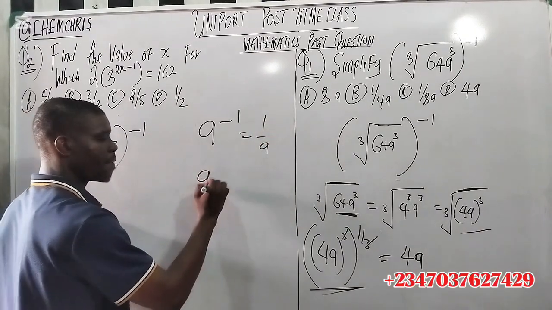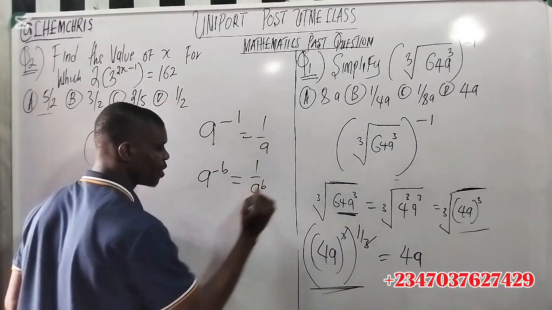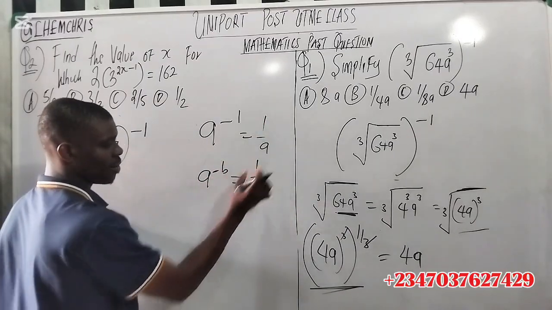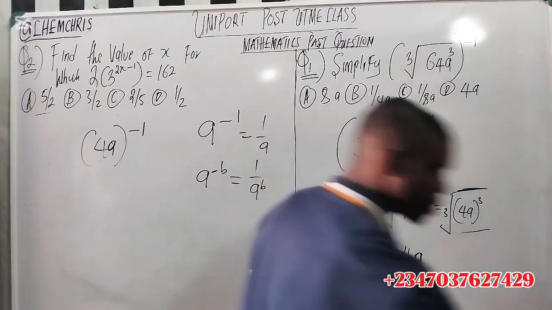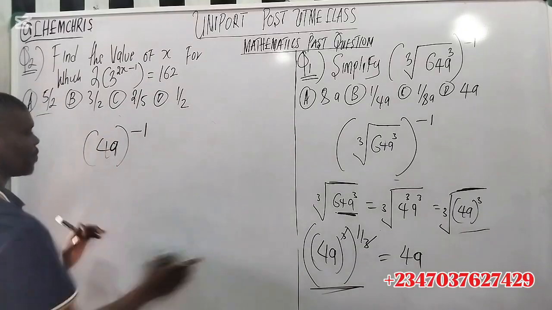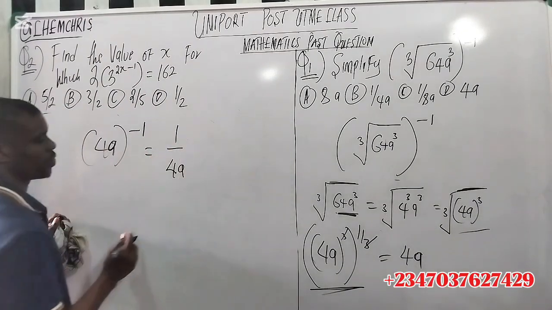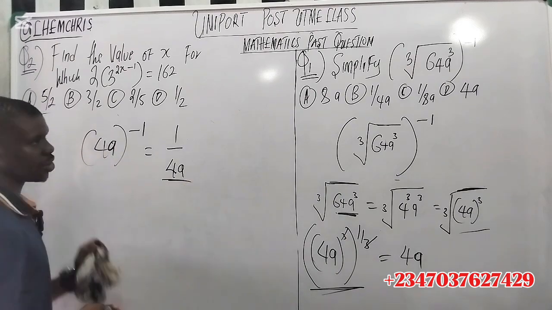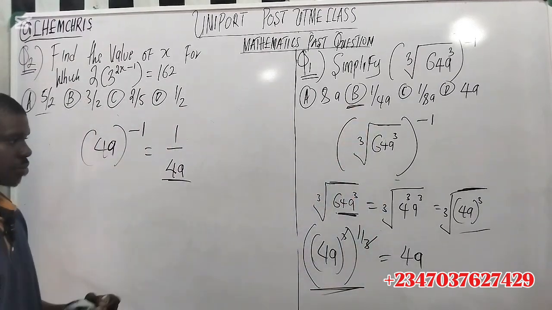If I have a to the power minus b, it is also 1 over a to the power b. So to remove the minus here, just say 1 over. So if you want to remove this minus here, it is going to be equal to 1 over 4a. So this is the answer here. The option is B.